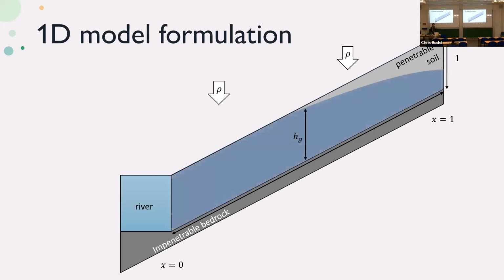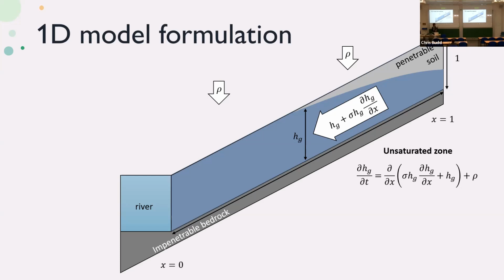And this rainfall is causing groundwater to develop in the soil, which is described again by Darcy's law, which includes both flow caused by gravity and flow caused by the gradient of pressure, by the gradient of the height of this water, which is creating a gradient of pressure.